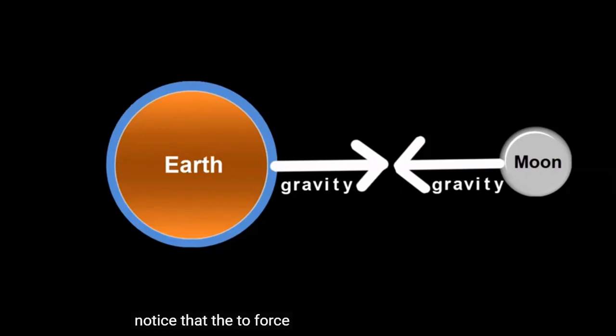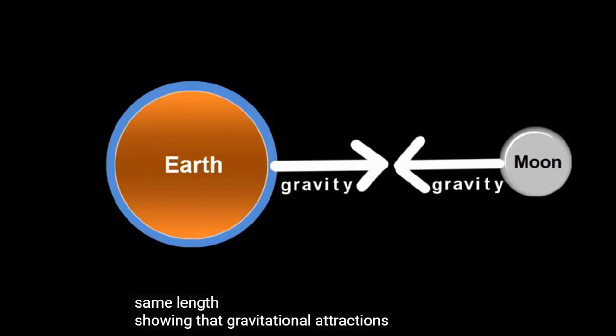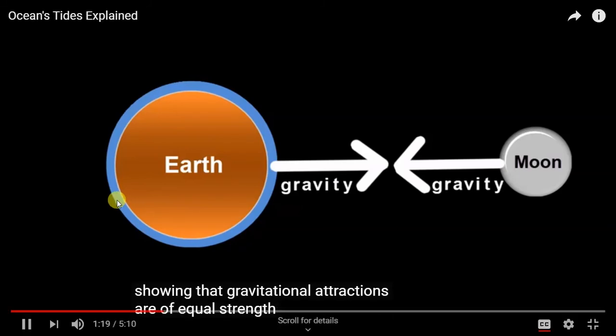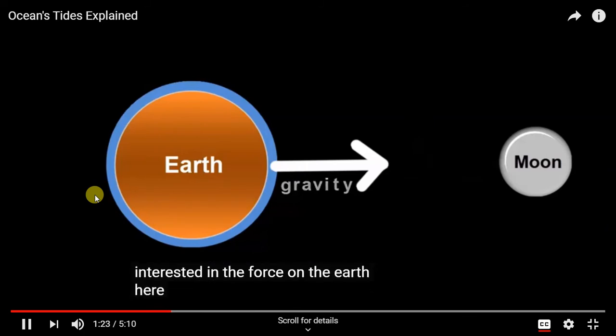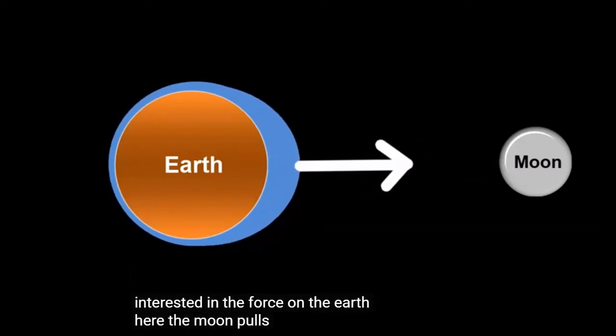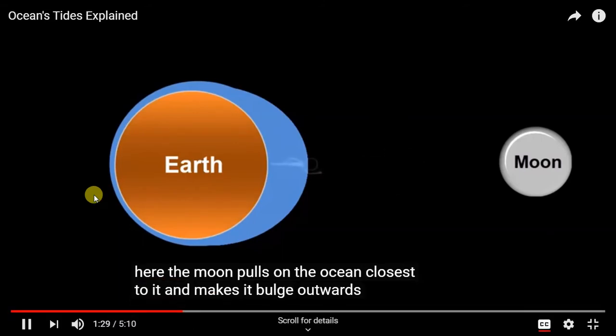Notice that the two force arrows are the same length, showing that gravitational attractions are of equal strength. But we're only interested in the force on the Earth here. The moon pulls on the ocean closest to it and makes it bulge outwards.